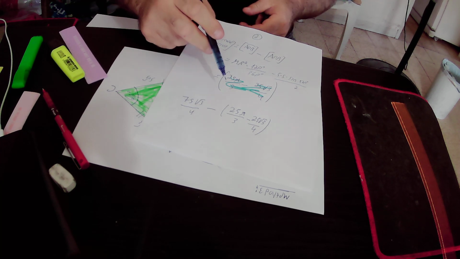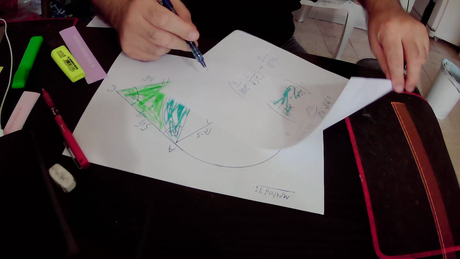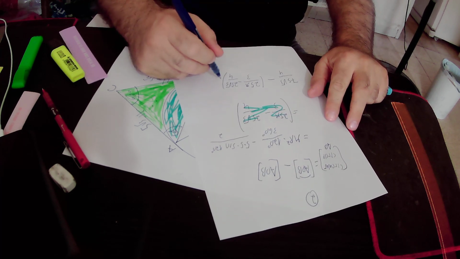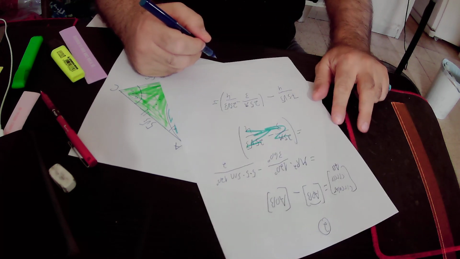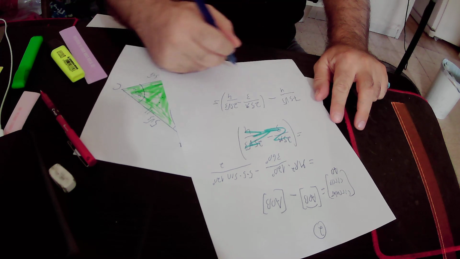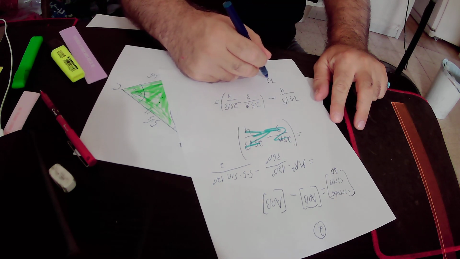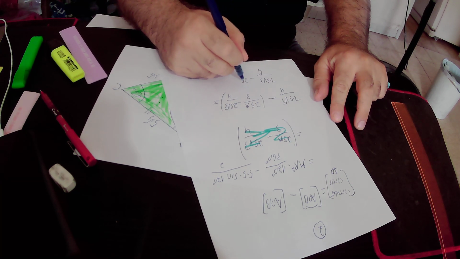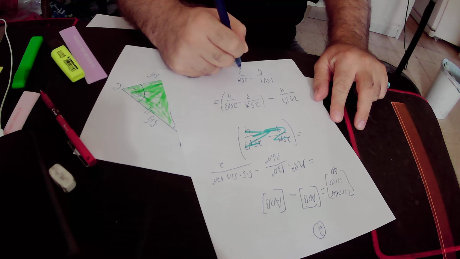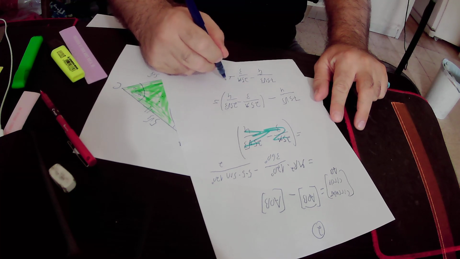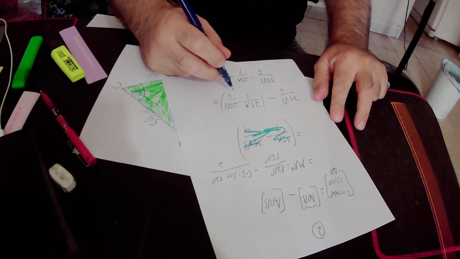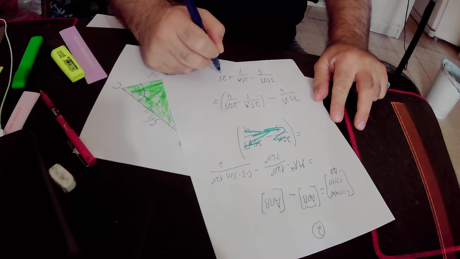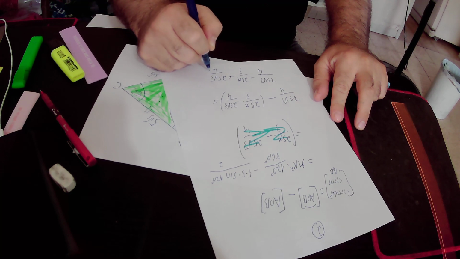So here we will open the brackets and we will get 75 times root 3 over 4 minus 25 pi over 3 plus, minus times minus is plus, 25 times root 3 over 4.